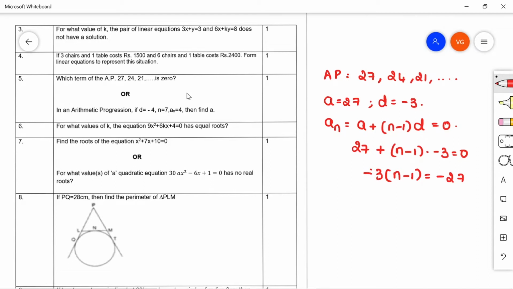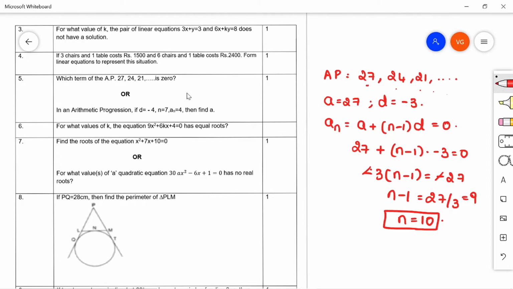This gets cancelled, n minus 1 is equal to 27 by 3, that is 9. So n is equal to 10. In this series 27, 24, 21, if you keep on going, the 10th term will be 0. So you can write down the answer, n is equal to 10.